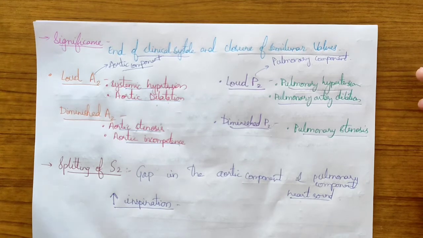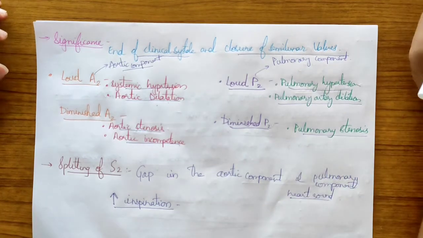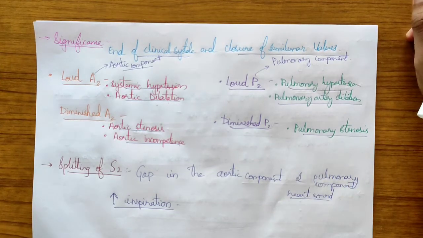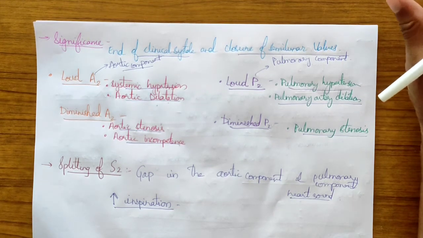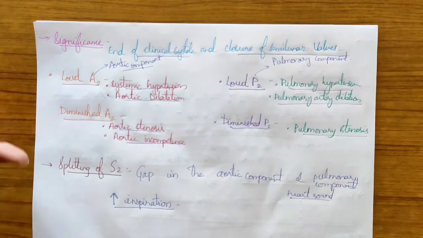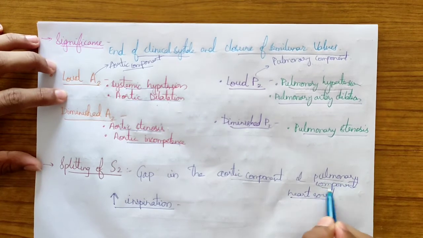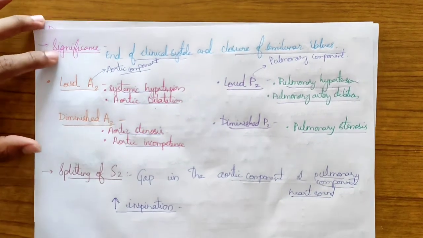When the right ventricular volume increases, it has to pump more blood through the pulmonary valve. So because more volume of blood is there, the pulmonary heart sound will be delayed, because the pulmonary valve takes more time to close. So there is a gap between the aortic component and the pulmonary component. This is one of the reasons for the splitting of the S2.